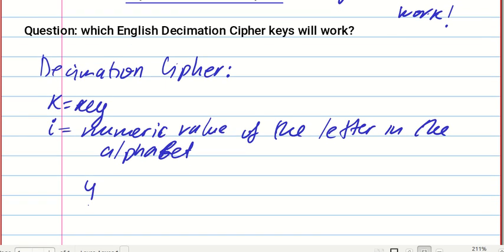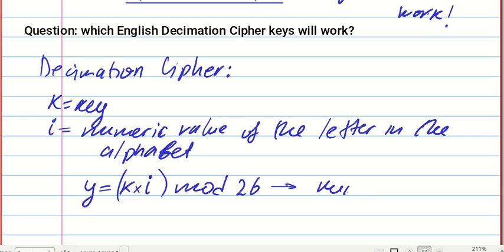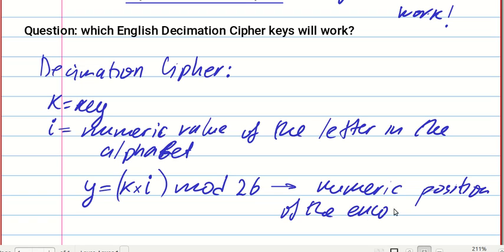We calculate y by taking k, multiplying by I, and calculating modulo 26, and this will be the numeric position of the encoded letter.